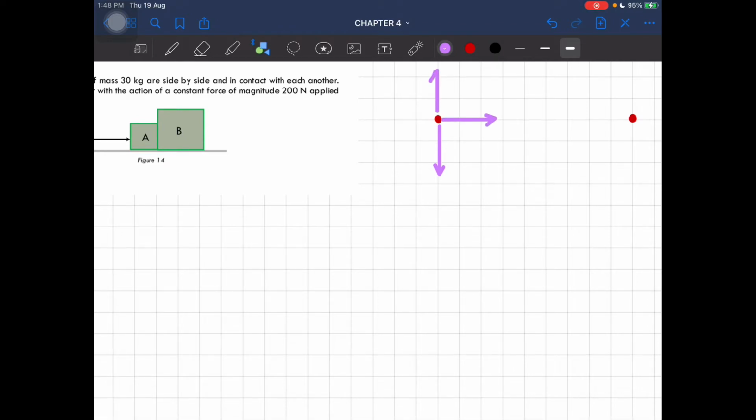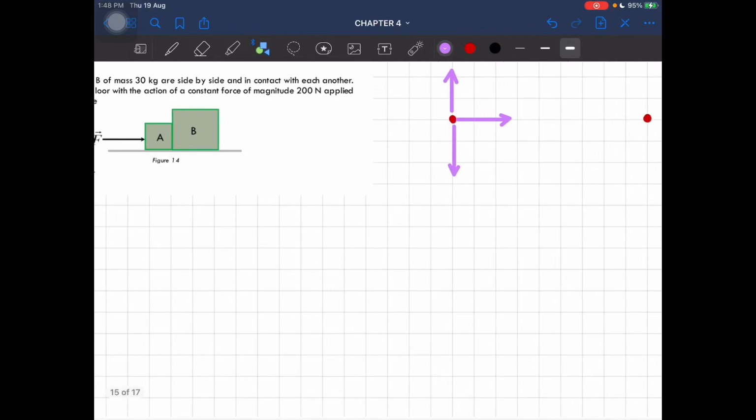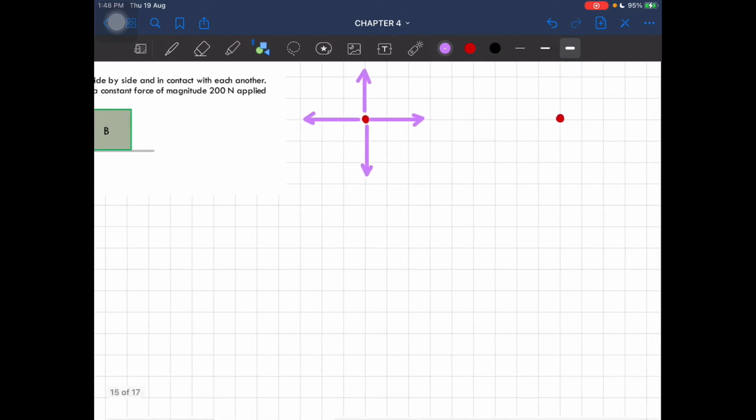then there's a normal force as well, and then there's a contact force. And for B, it's the same, it has weight but no external force. It has a force due to the contact with the other block, and then the normal force.